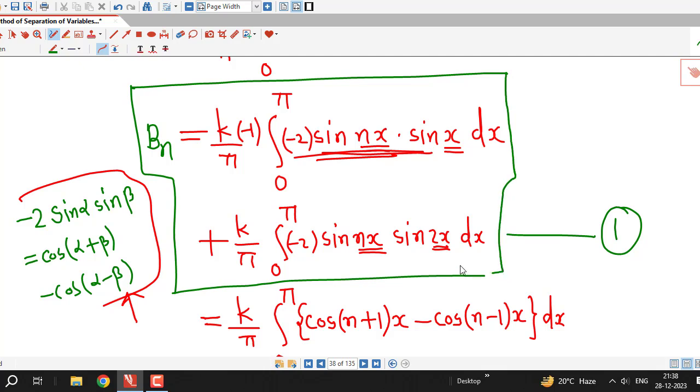Suppose I consider n equal to 1, calculating B1, then this is going to be sin x, here also I will have sin x, so this will be sin square x, and here I will have sin x into sin 2x. For that I will use that formula minus 2ss, and here I will not write this minus 1 and minus 2 because I will have 2 sin square x here.